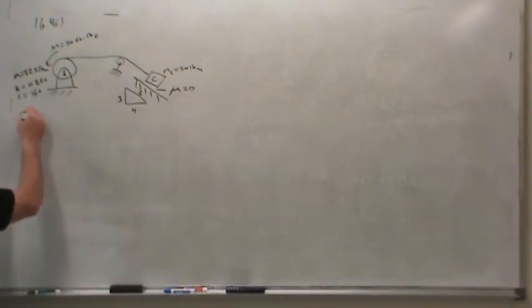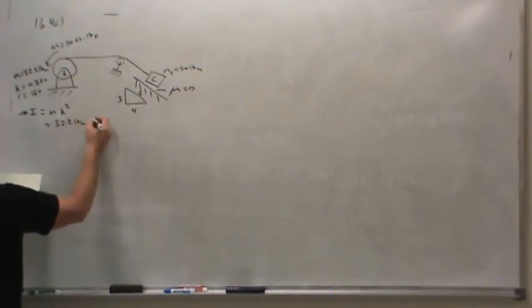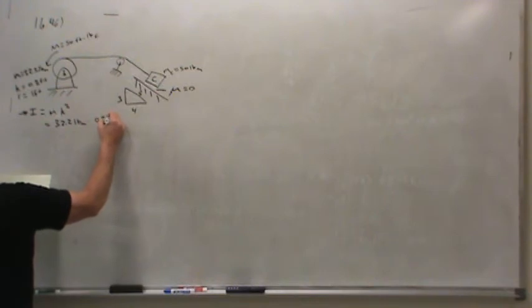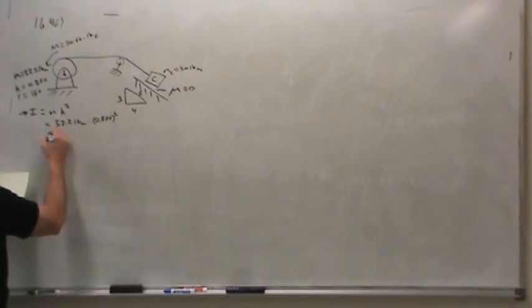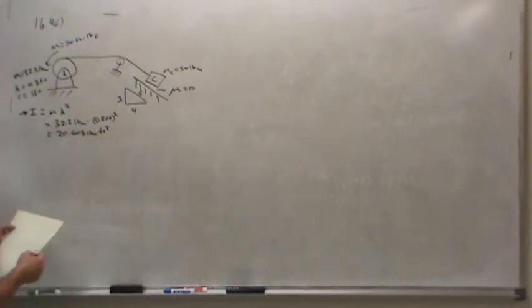Now let's go ahead from this and just calculate the moment of inertia. It would just be the mass of the pulley times the radius of gyration squared. So that's going to be 32.2 pounds mass multiplied by 0.8 feet quantity squared, which comes out to 20.608 pounds mass square foot.